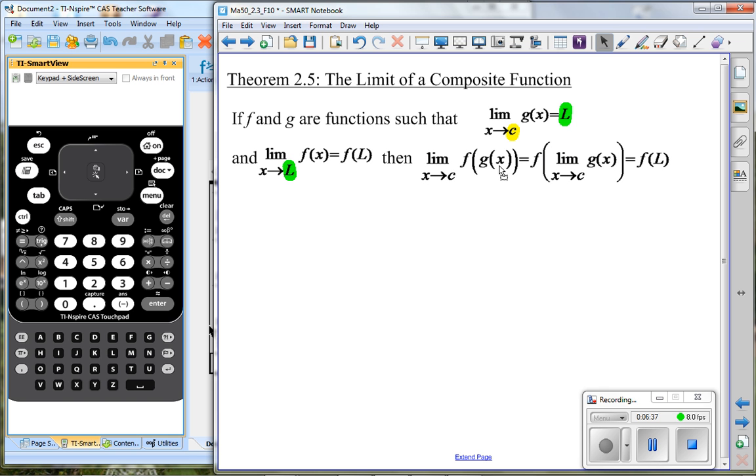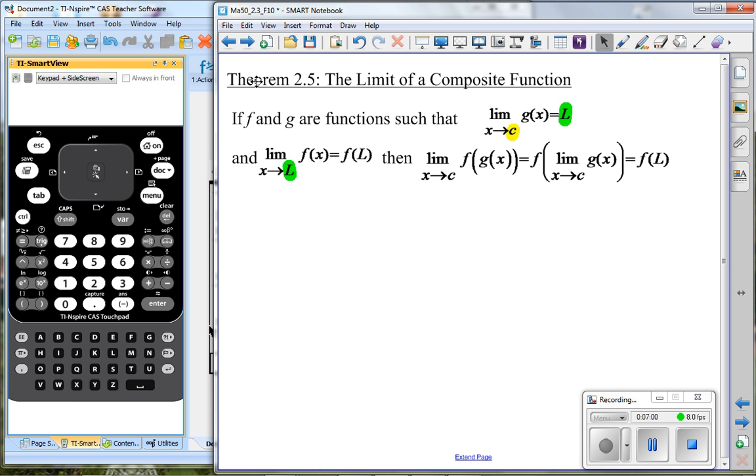Then the limit of the composite function f of g of x is the same as first taking the limit of g of x, using that result in function f. Now let's look at an example of that, and that's on the next page.